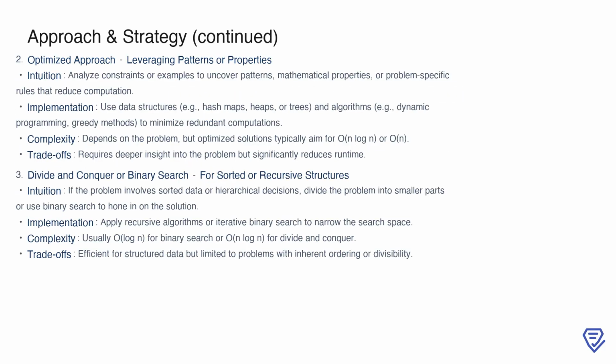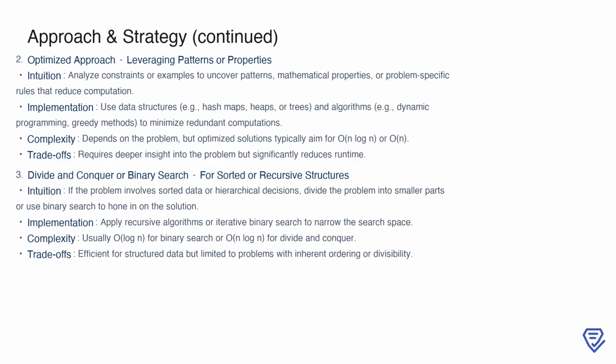Once we have a clear understanding of the problem through brute force, the next step is to look for patterns or properties that can simplify the solution. By analyzing constraints or examples, we can identify opportunities to reduce redundant computations. For instance, we might use data structures like hash maps or trees, or algorithms like dynamic programming and greedy methods, to streamline the process.